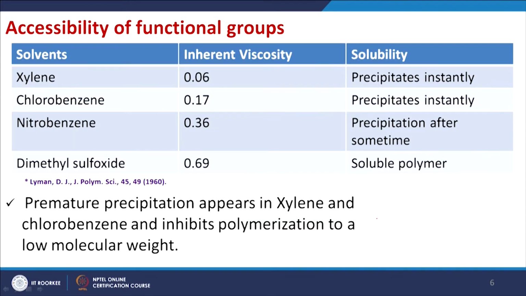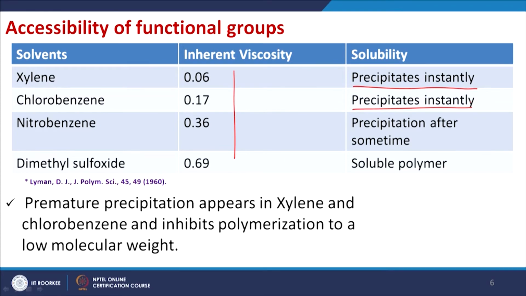Now if you see the table, it talks about the solvent, inherent viscosity and the solubility. The various solvents being used and their inherent viscosity are listed here, and also the impact with respect to solubility: in some solvents the polymer precipitated instantaneously.